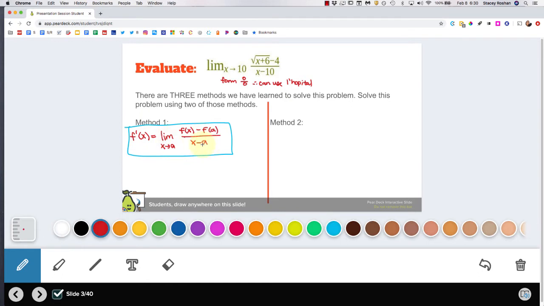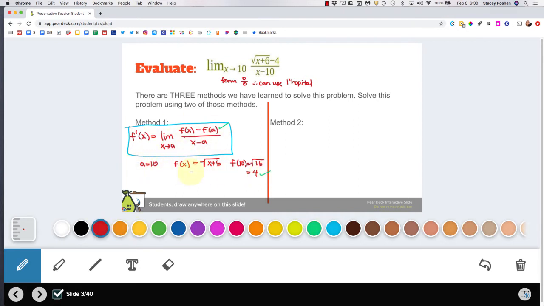If it was, then our a would be 10, and our f of x would be root of x plus 6. But to confirm, we need to make sure that this is our f of a. If a is 10 and f of x is that, then f of 10 is root 16, which is 4. So that checks out, and I can actually use this formula.